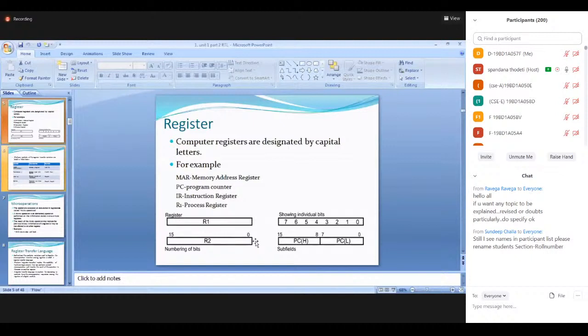Every register has a size, which you can specify as a range starting from 0, and the 0th bit should start at the right side of the register. This is known as the LSB, least significant bit, and the higher order bit is known as the MSB, most significant bit.